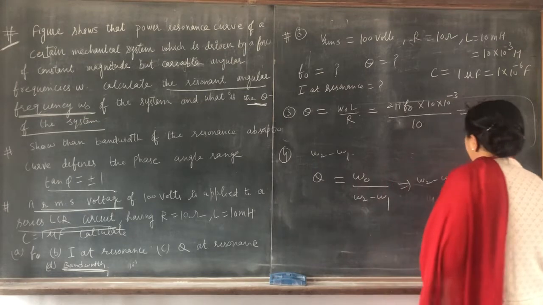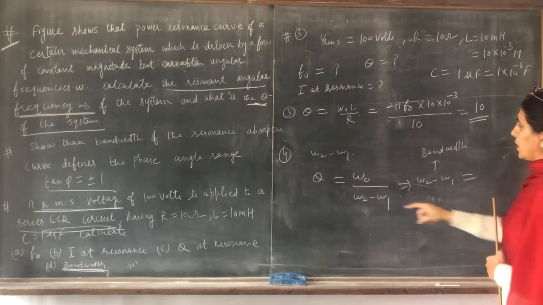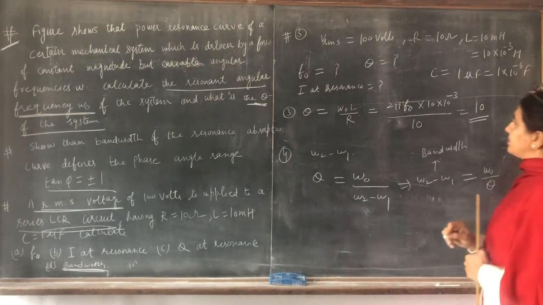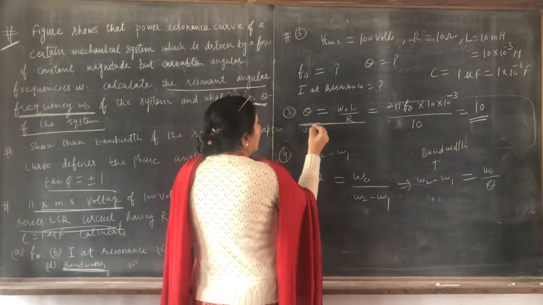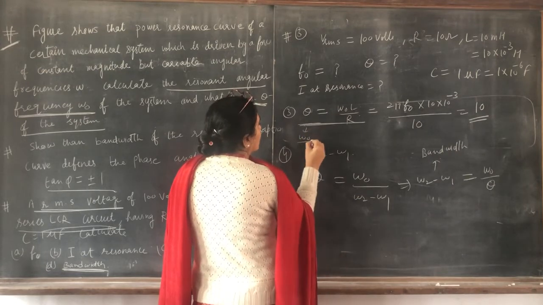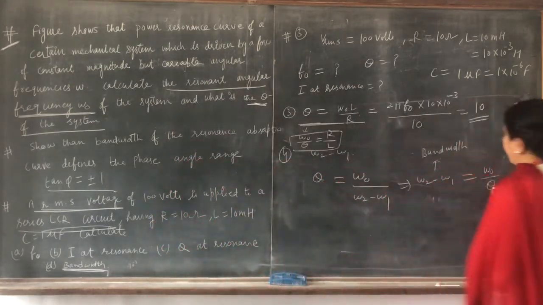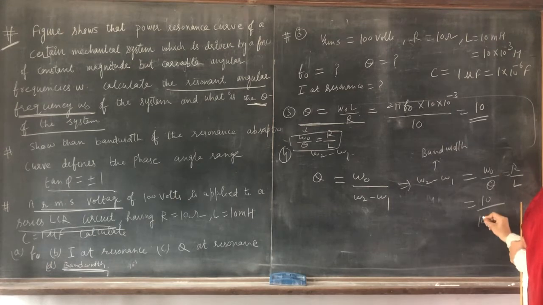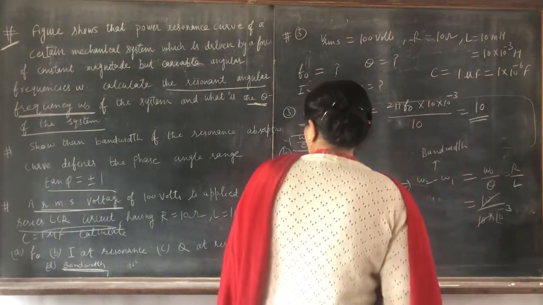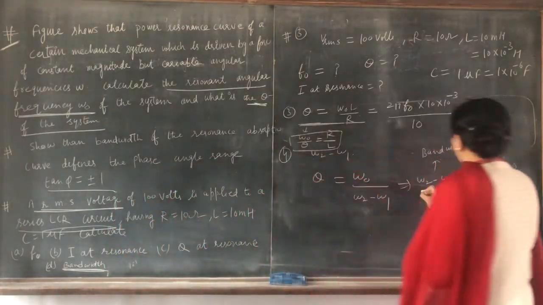This implies omega 2 minus omega 1, which is the bandwidth, is equal to omega naught by Q. Omega naught by Q is equal to R by L. So R is 10, L is 10 into 10 raised to power minus 3. 10 goes with 10, and you can find that the bandwidth is 10 raised to power 3. Clear? So this is about the bandwidth.